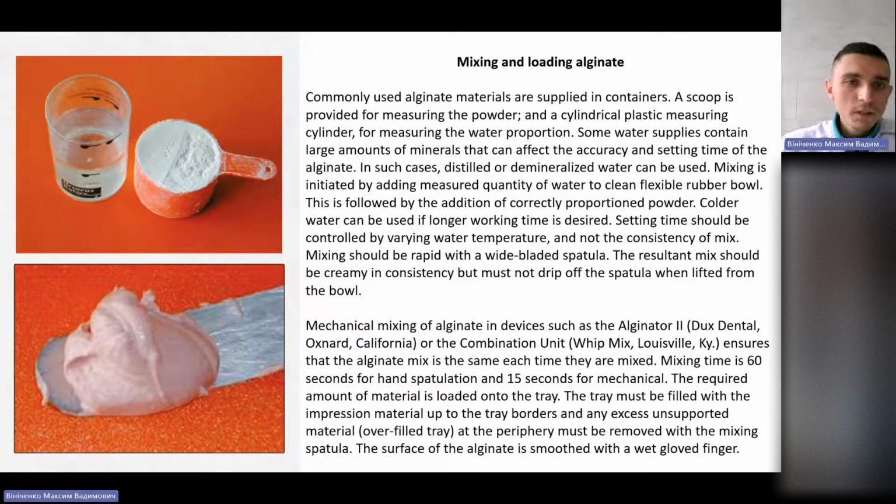The resultant mix should be creamy in consistency, as in this photo, but must not drip off the spatula when lifted from the bowl. So when you lift the spatula, it must not drip.